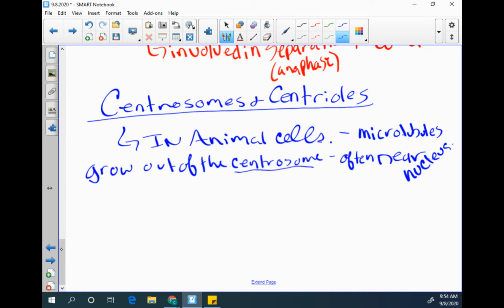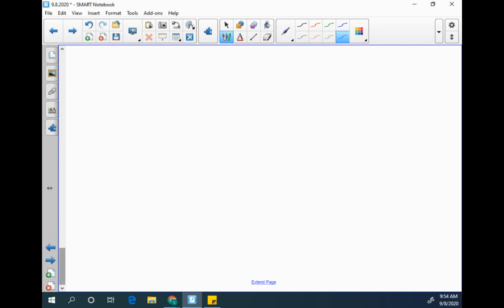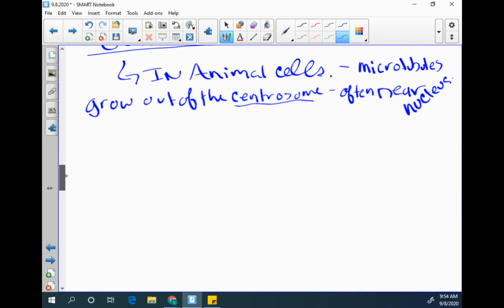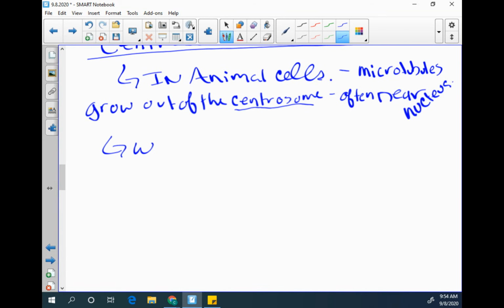Within the centrosome are a pair of centrioles.